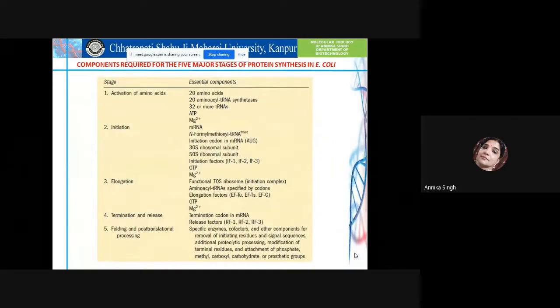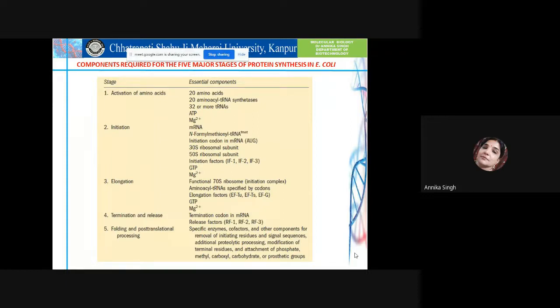And this is a table which describes the components required for the 5 major stages of protein synthesis in E. coli. So we first talk about the prokaryotic protein translation, and the model system is E. coli.